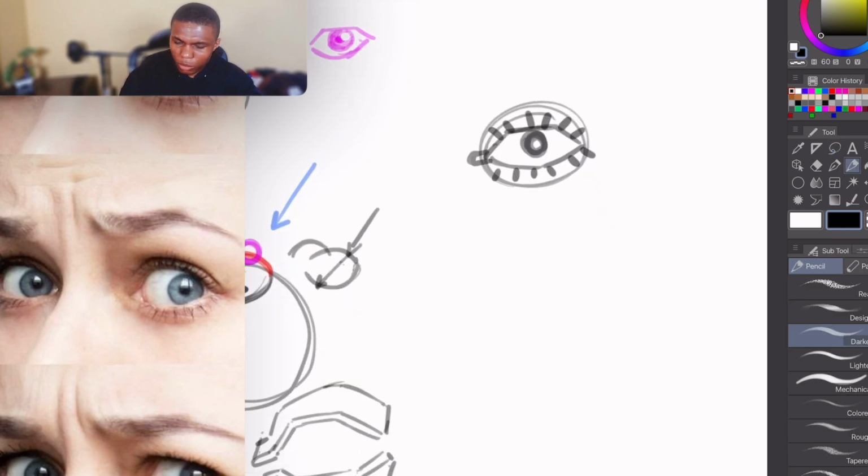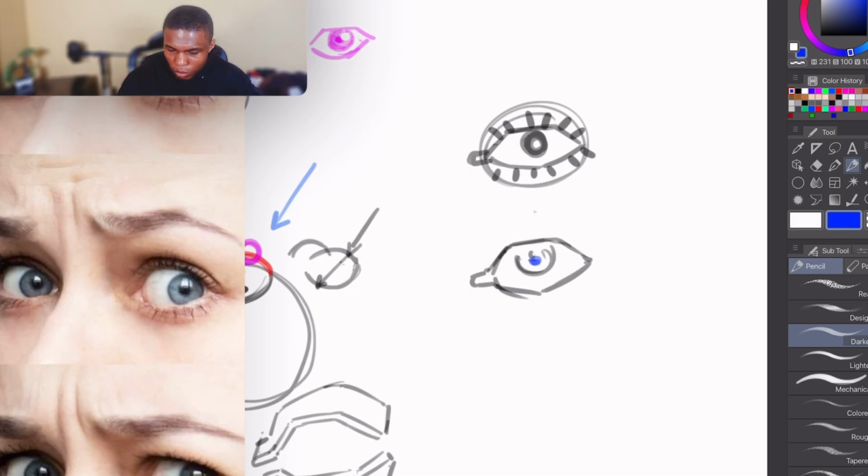There's this trick that I use whenever I'm drawing the eyelashes that helps my eyelashes look better, and that is having a center line, right?